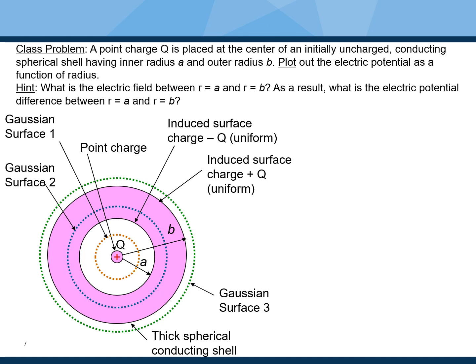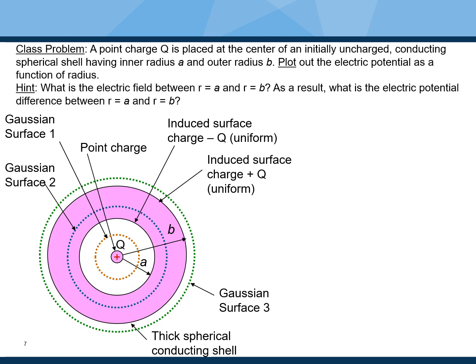We have a point charge q placed at the center of this spherical shell. Now, what does the point charge q do? It induces a charge of minus q on the inner boundary of the shell, and a charge of plus q on the outer boundary of the shell.